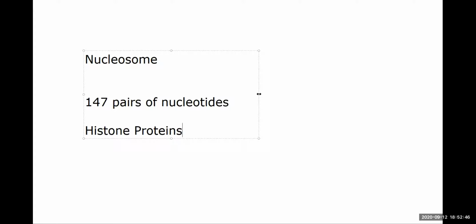Now what are these histone proteins made up of? Histone proteins include histone H1, histone H2A, histone H2B, histone H3, and histone H4. This is the classical structure of a nucleosome.